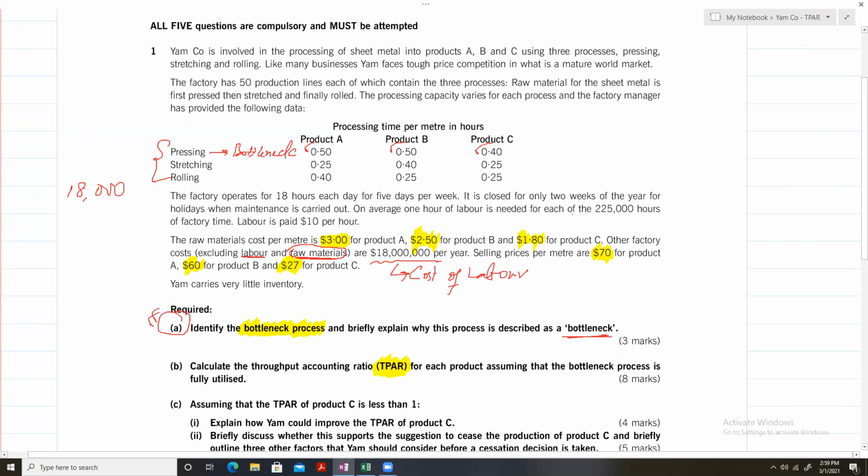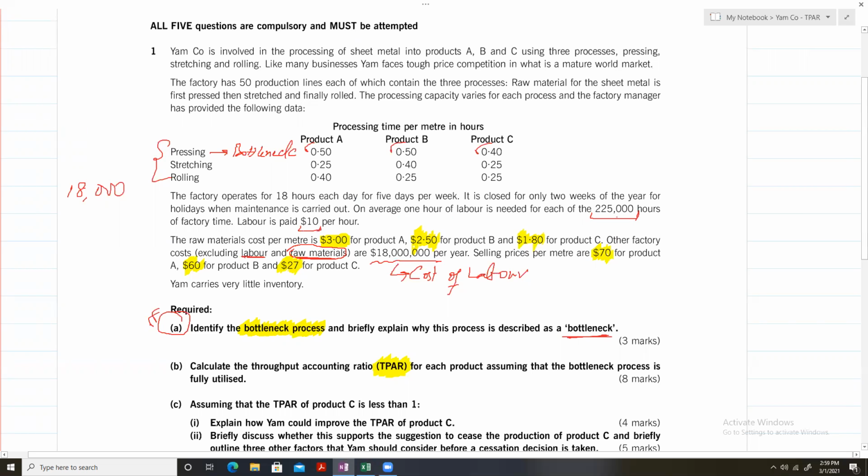So how will we calculate the total labor cost? Here you can see that the total factory time is 225,000 hours. And labor is paid at a rate of $10 per hour.